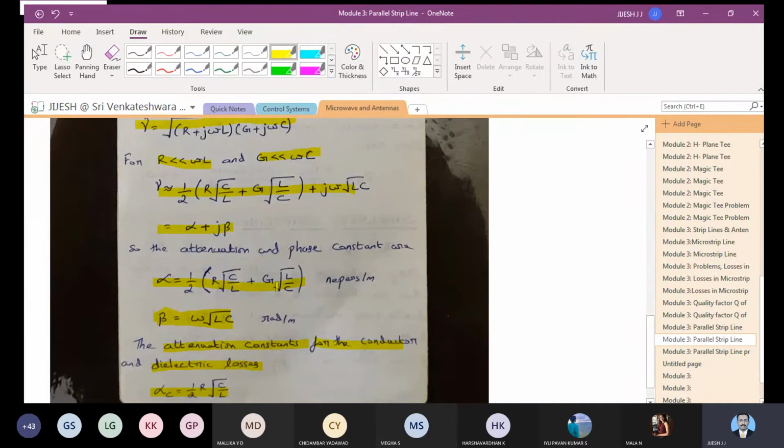I have taken alpha C as this first part, and the other equation we will write by taking the other part.